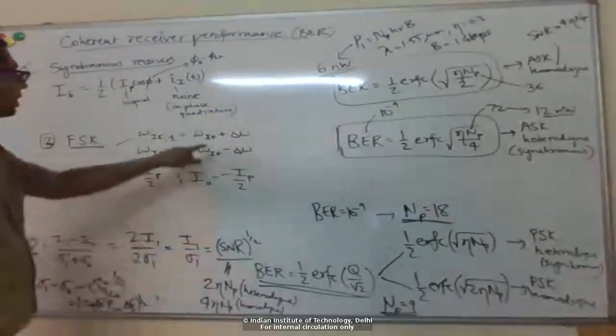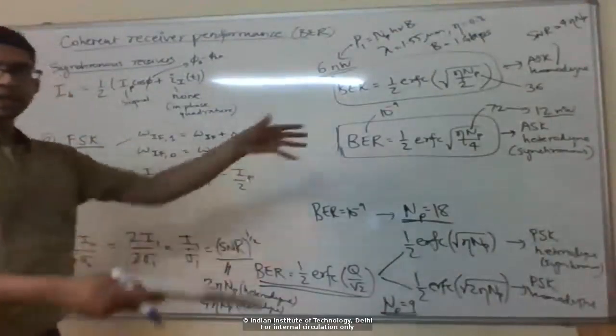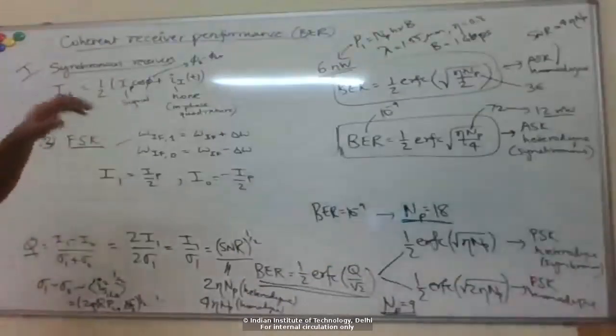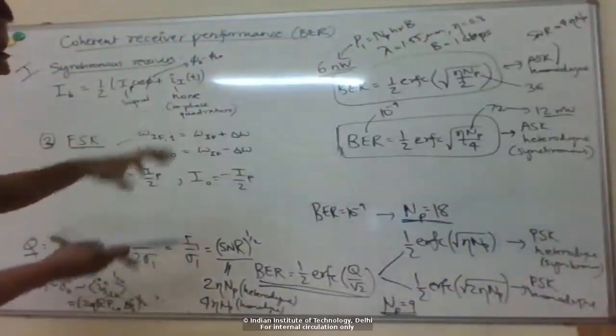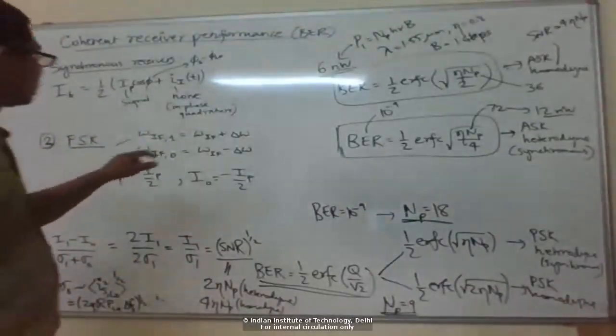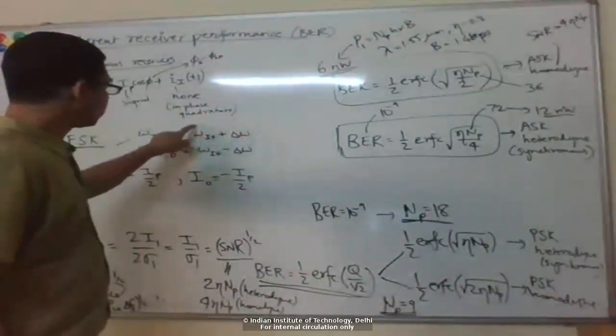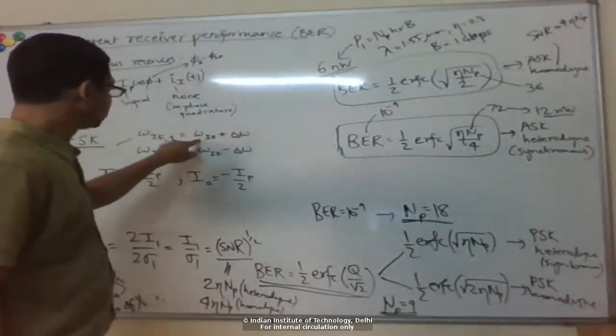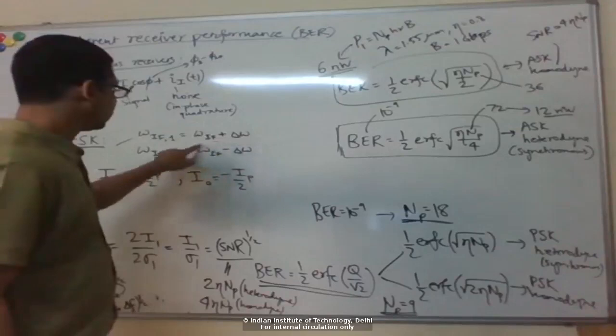Okay, so now you need two different paths. For a synchronous detection receiver, you need two parallel blocks of receivers. You need an electrical PLL for this frequency, and then an electrical PLL for the other frequency.